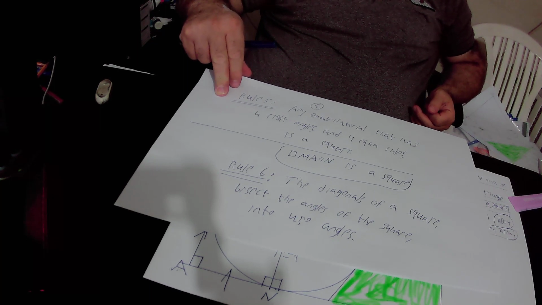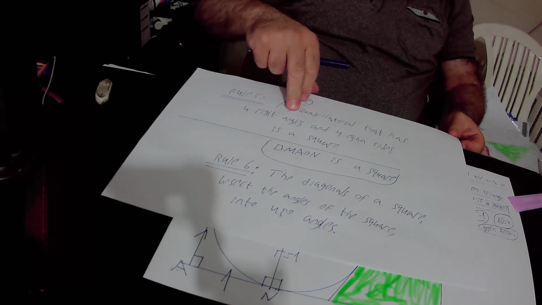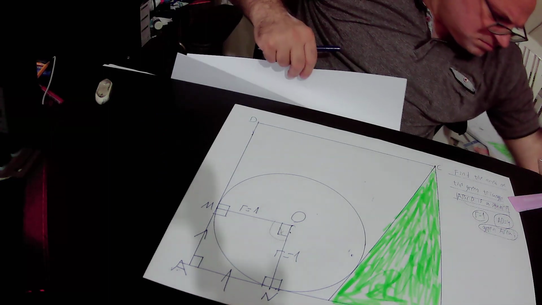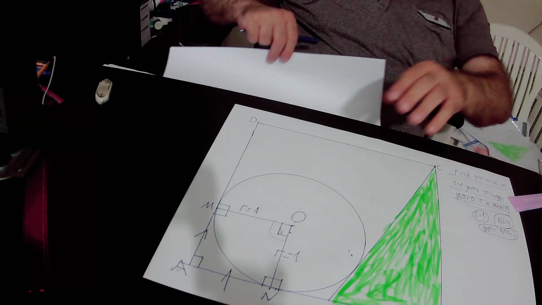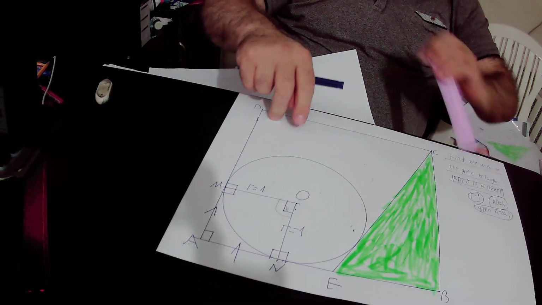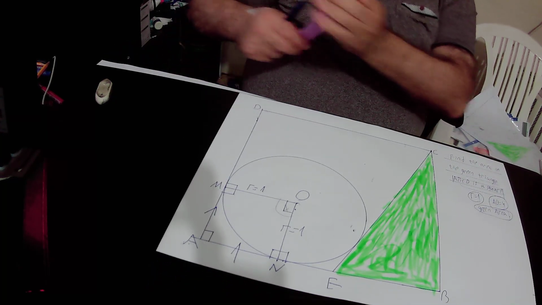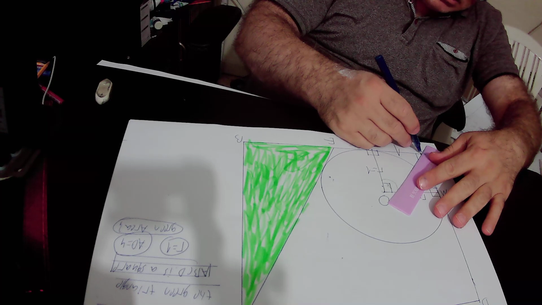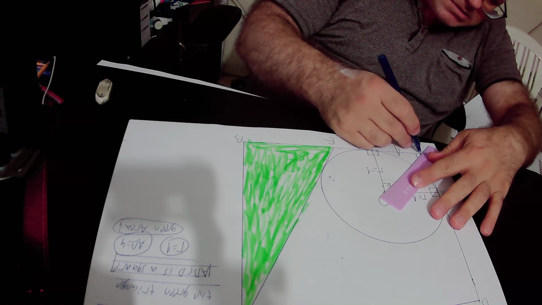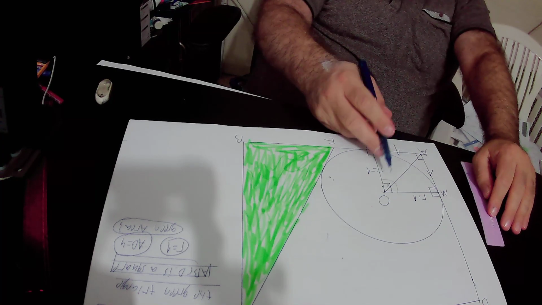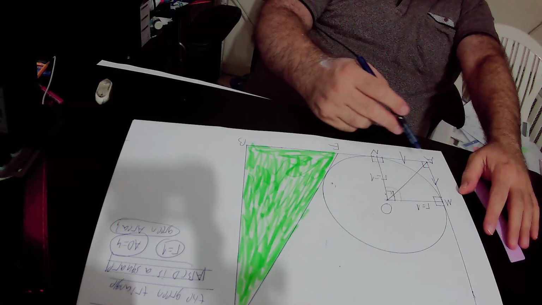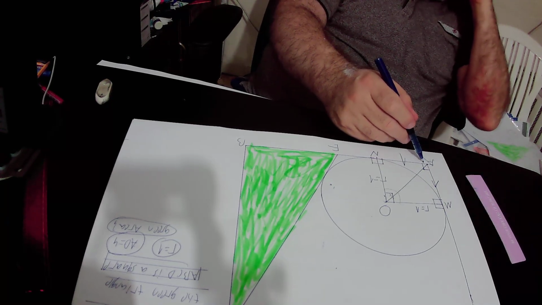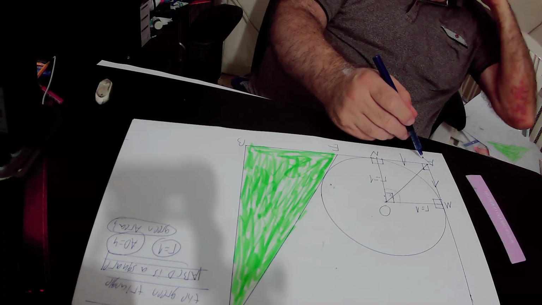So according to rule number 6, the diagonal OA of square MOAN bisects this angle into 45 degrees angles.